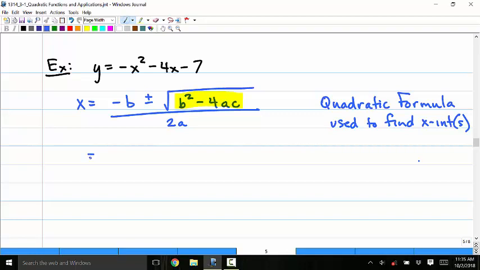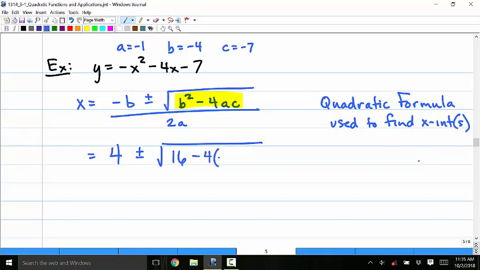Okay, we have x equals negative, what was a? Negative 1, b is negative 4, and c is negative 7. X equals negative b plus or minus the square root of b squared, 16, minus 4 times negative 1 times negative 7 all over 2 times negative 1, which is negative 2.